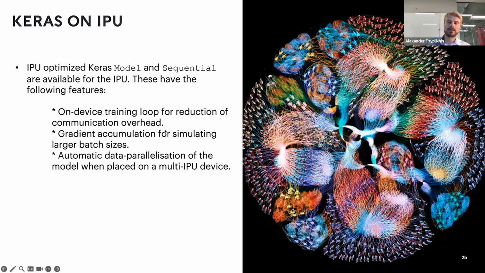And we have added a few optimizations that make it faster and easier to run the program on the IPU in Keras. You will find also a few operations that are optimized for the IPUs. An example would be LSTM layer or optimized dropout layer that, for example, uses in-place operands instead of creating a separate copy for that.